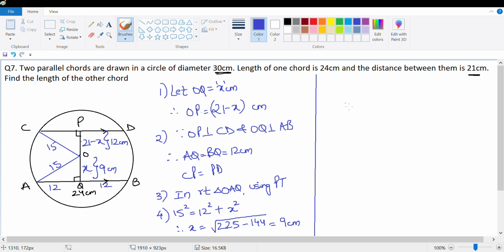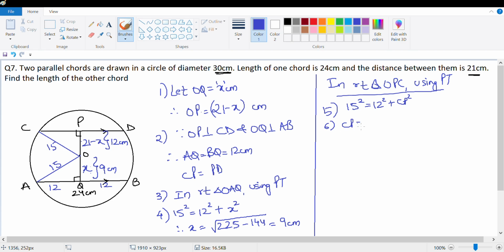Done. Now we will apply Pythagoras theorem in this right triangle OPC. What I get is 15 square is equal to 12 square plus CP square, which means CP would be equal to the square root of 225 minus 144, which is the square root of 81, which is 9 centimeter.